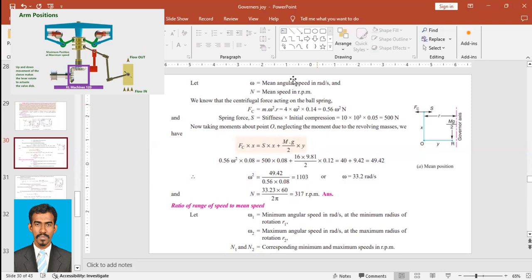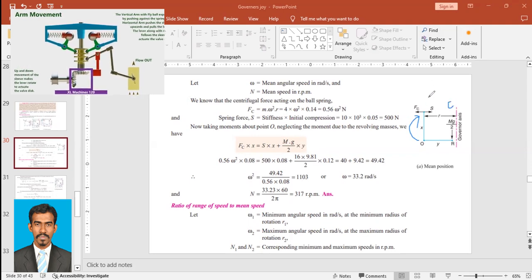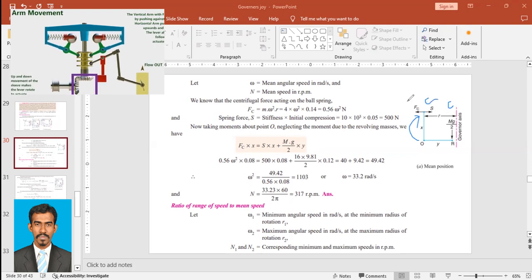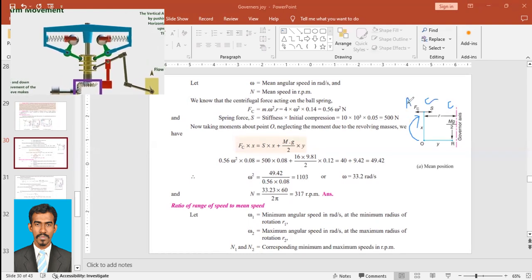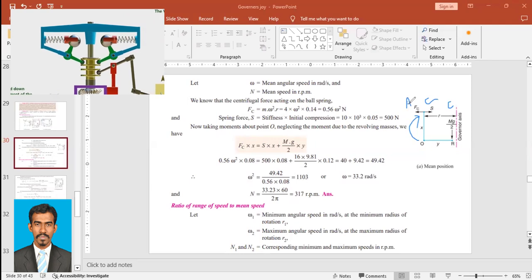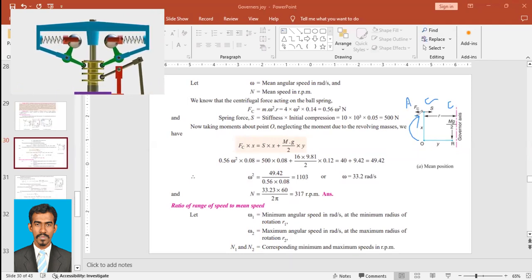So we'll put in the equation. We'll take moment about point O. If you consider it clockwise, you have Fc acting anti-clockwise, S acting clockwise, and mg by 2 acting clockwise. So Fc into x. We know Fc is centrifugal force, and the distance for it is x.